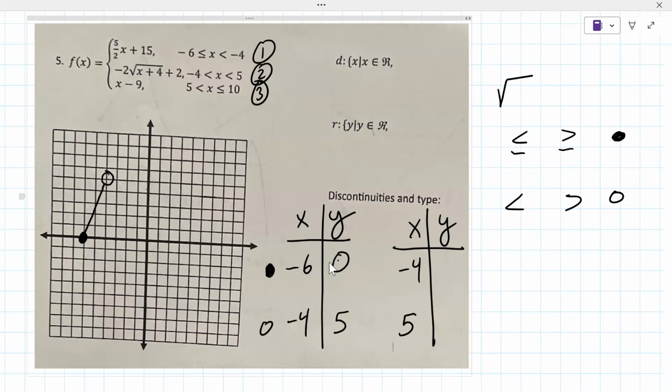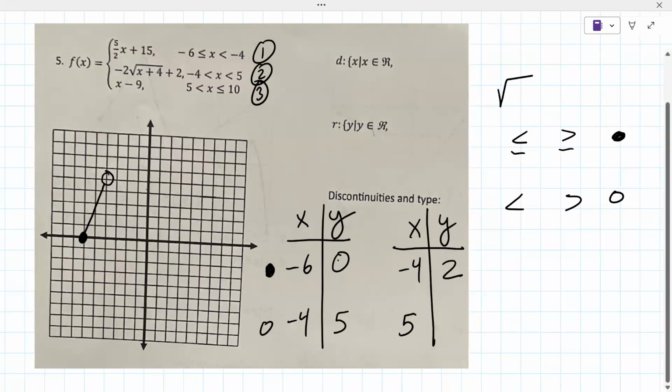Square root of 0 is just 0. 0, right? That's right. Okay. So it should be 2 for the first one. -4, 2, you said? Yep. And then -4.